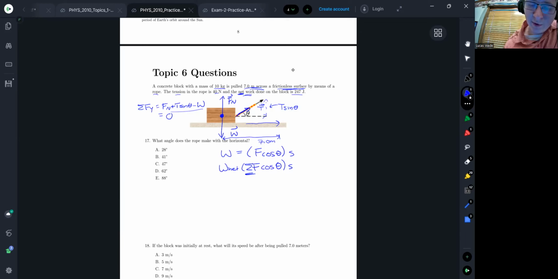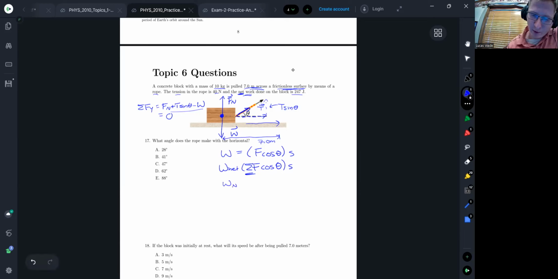It's that the normal force, the weight, and this component of the tension balance to give a 0 net force in the vertical direction. So you could look at it as either that the only thing left is this horizontal component of tension, or that we can immediately throw out the work done by the normal force and the work done by gravity, because those forces are perpendicular to the displacement of the block. That's the other case where we said we have no work done by them.